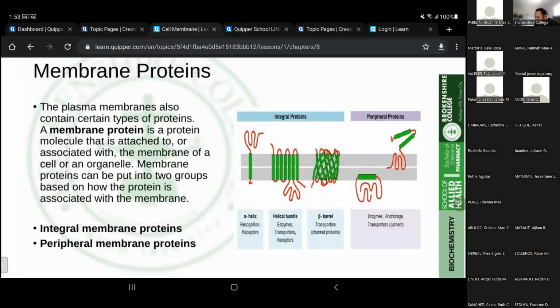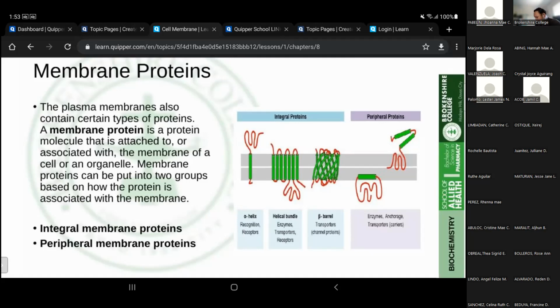And also they act as a transporter or carrier in order for a molecule to pass through the bilipid membrane. So those are the examples of your integral proteins and your peripheral protein. Please make sure to remember the structure or appearance of those proteins under integral and peripheral proteins.